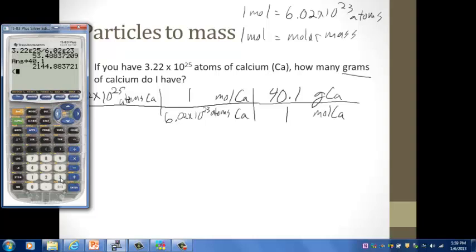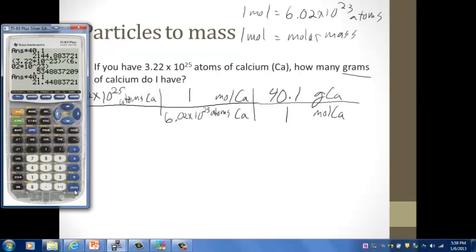You need to do parentheses 3.22 times 10 to the 23rd, close your parentheses, divided by parentheses 6.02 times 10 to the 23rd, close parentheses, press enter, and then multiply by 40.1. That's not a 1. Let's try one more time. Boom, there it is.